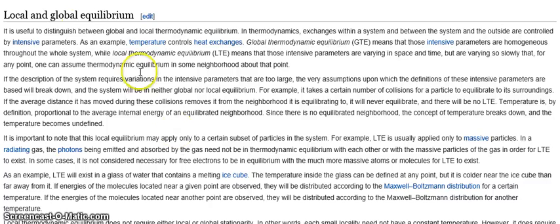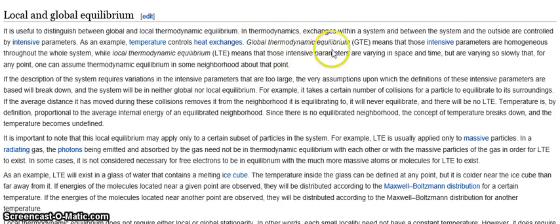Alright, here we go. Local and global equilibrium. It is useful to distinguish between global and local thermodynamic equilibrium. In thermodynamics, exchanges within a system and between the system and the outside are controlled by intensive parameters. As an example, temperature controls heat exchanges.